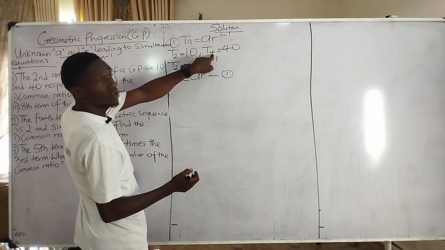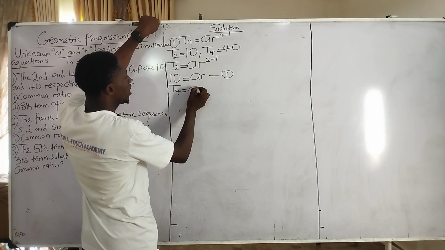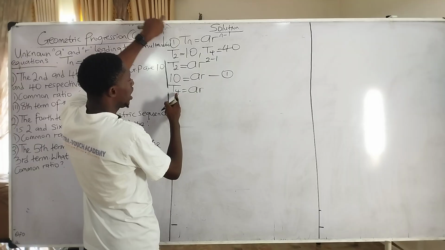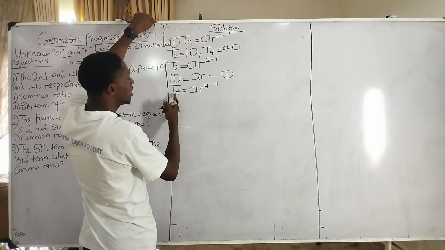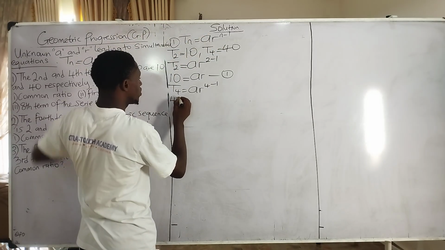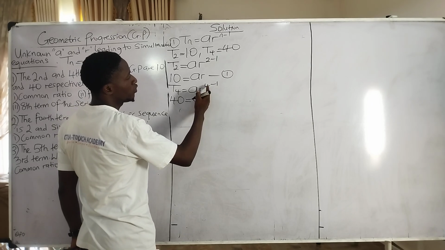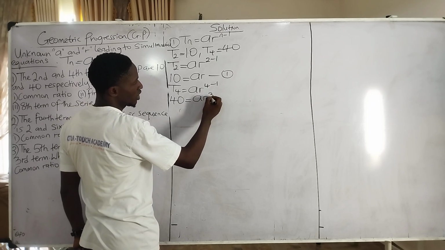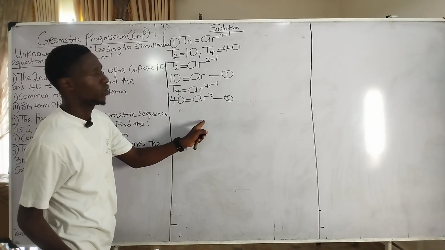We'll go to this one, T of 4. So we have T of 4 is equal to A R raised to the power of, our n here is now 4 minus 1. And the fourth term was given to us as 40. So we have 40 is equal to A R raised to the power of 4 minus 1 is 3, equation 2.